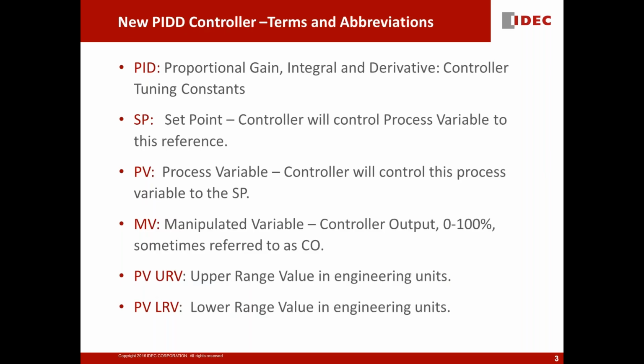So really quick, some terminology. P is the proportional gain, I is the integral, D is the derivative, SP is the set point, PV is the process variable. By the way, because it's such a complex topic, guys, we will make all the material available to you, the example, the material we will use today.